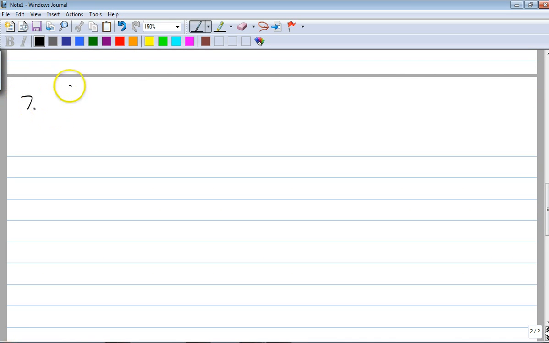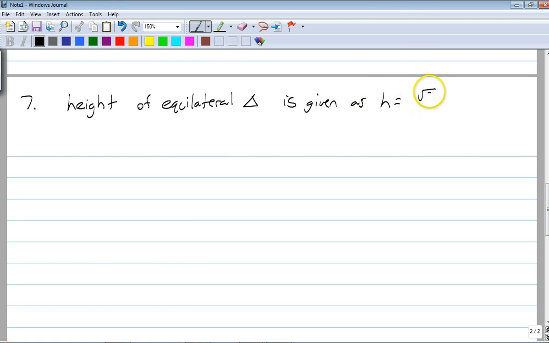Number 7, I have a height of an equilateral triangle is given as h is equal to the square root of 3 over 2 times the base length. I want the area, so express the area in terms of the height only.